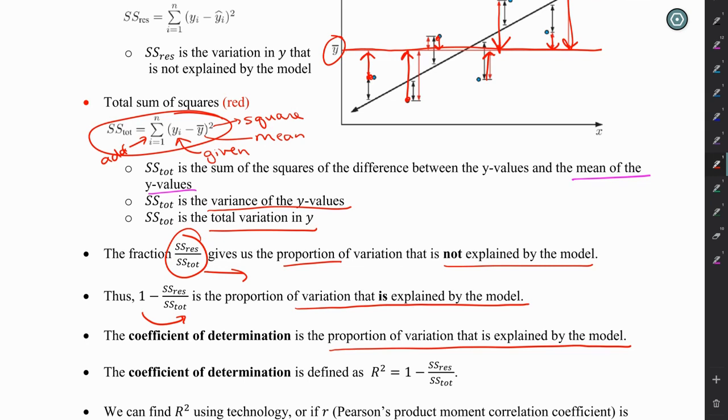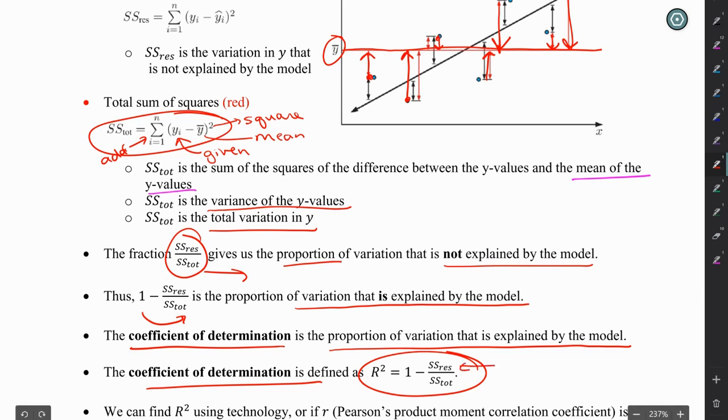The proportion of the variation that is explained by the model is what we call the coefficient of determination. The coefficient of determination is r squared, and it's this formula up here: 1 minus the sum of the squared residuals divided by the total sum of squares.